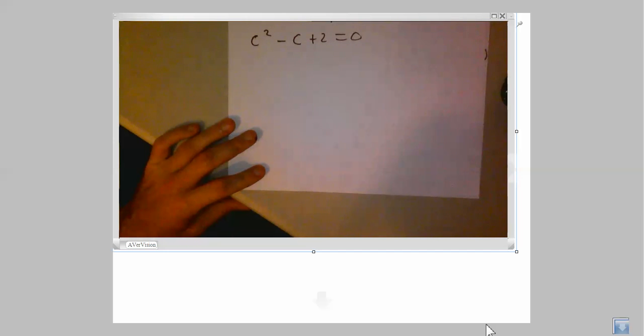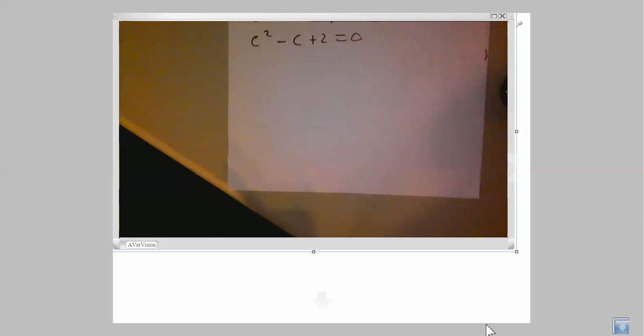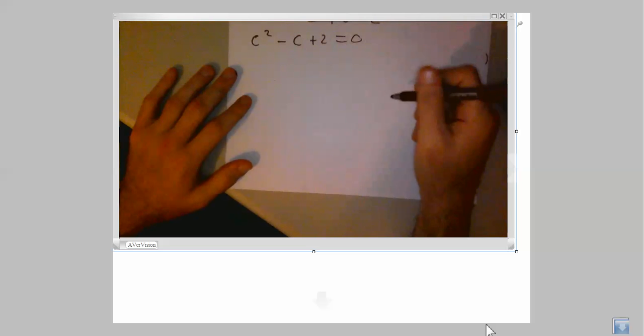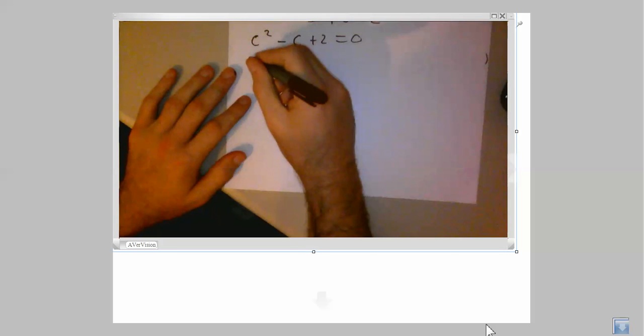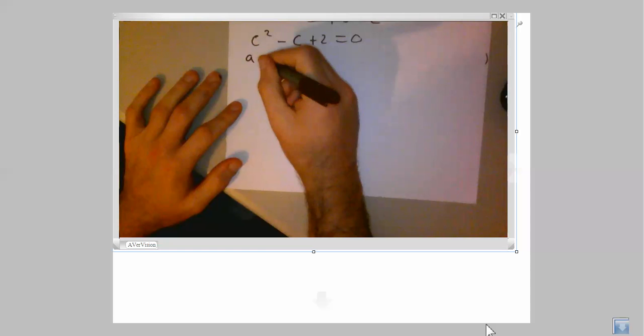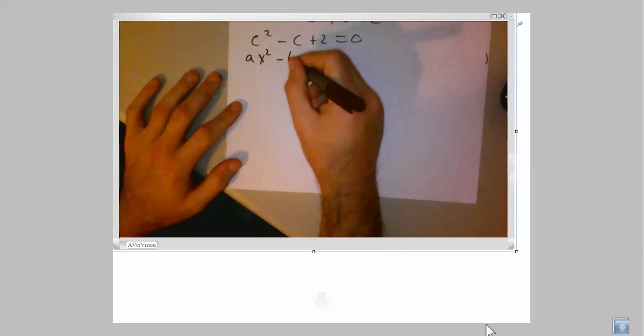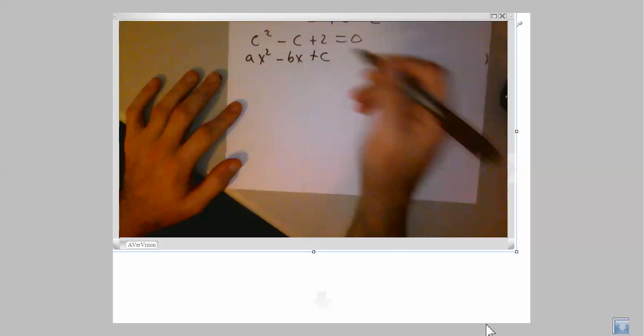Now I want to solve this. To know if this has a solution, since with the last homework we started working on quadratic formulas, I can solve this using the quadratic formula. So first I want to check and see if there's a solution. Normally when we check if there's a solution, we write ax squared plus bx plus c, the general form.